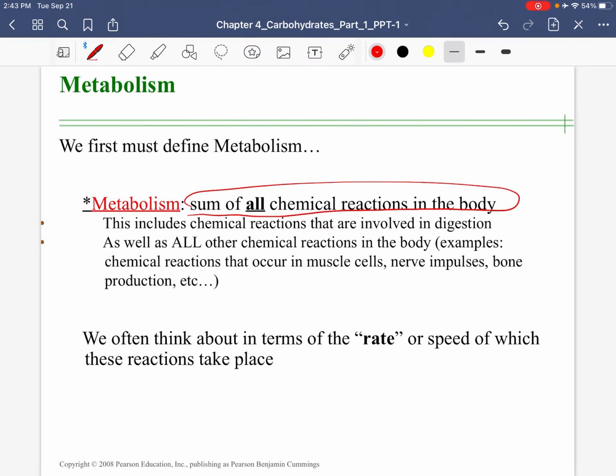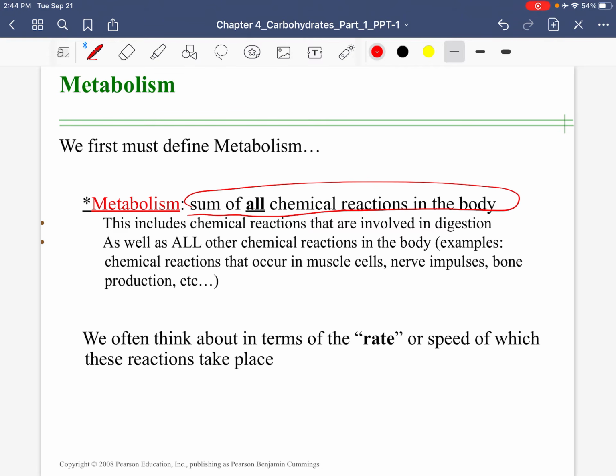Sometimes people make the mistake of only thinking about chemical reactions involved in digestion. So a lot of people, when they talk about metabolizing, ask do you have a fast metabolism, slow metabolism? And what they're really referring to is how quickly you're able to burn down food for energy.